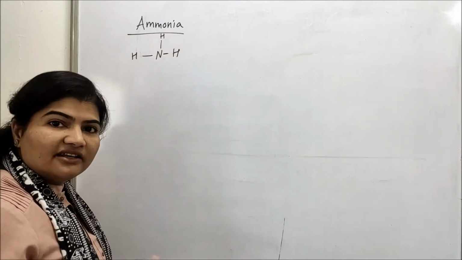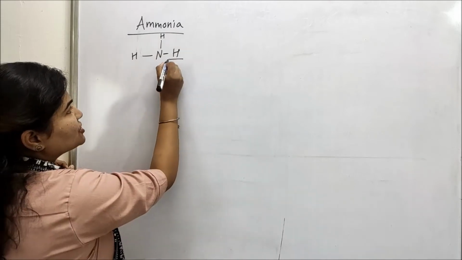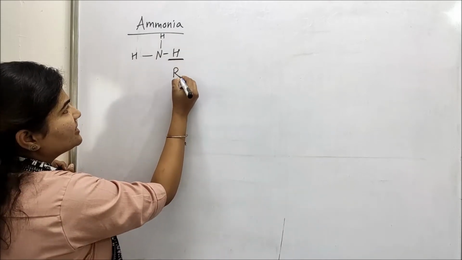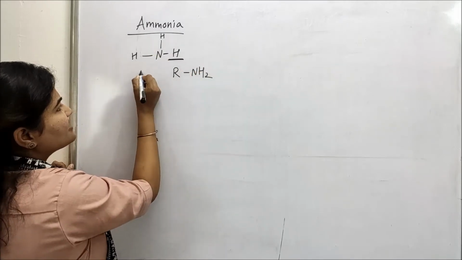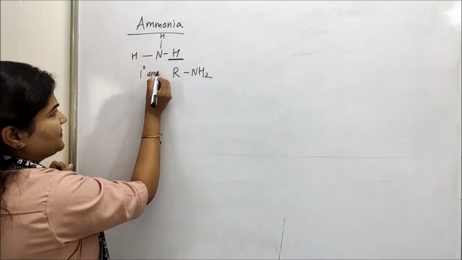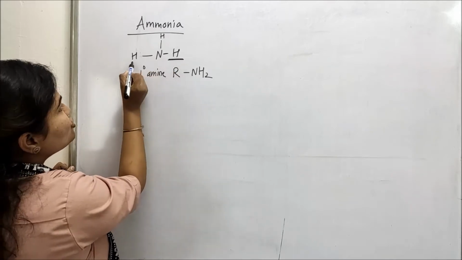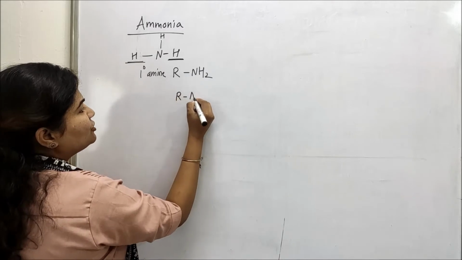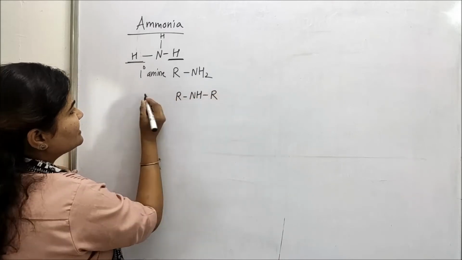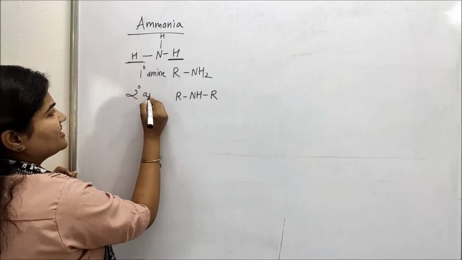Now if I replace one of the hydrogens of ammonia by an alkyl group, then I get RNH2, which is a primary amine. If I replace two of the hydrogens from ammonia, I get R2NH. Then it is a secondary amine.